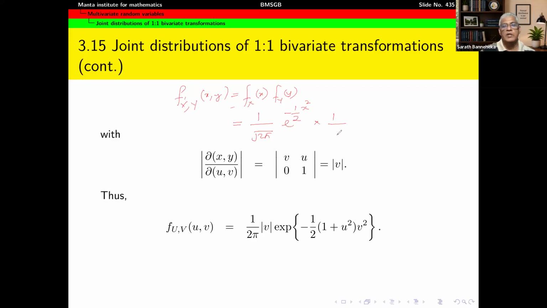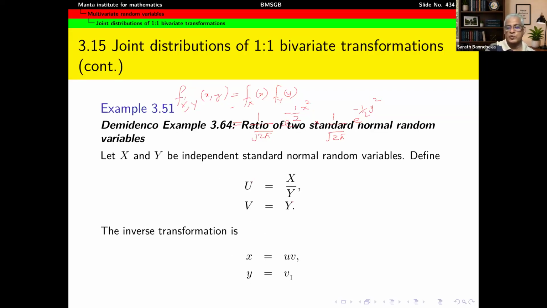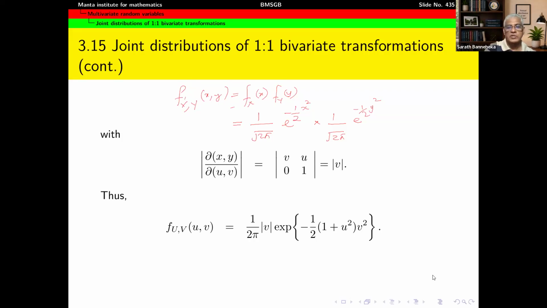And then you multiply that by 1 over root 2 pi e to the power minus half y squared. Now in this expression, you have to substitute x and y by the corresponding inverse transformation, x equal to uv and y equal to v. Then you get this expression, multiplied by this quantity here, the absolute value of v.